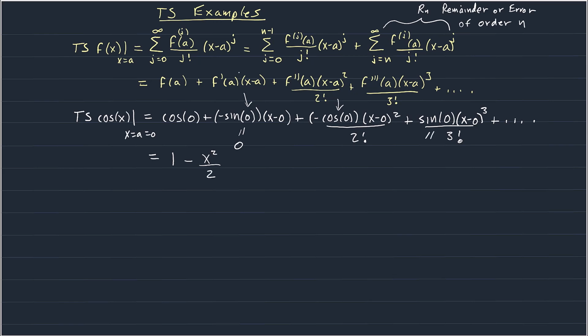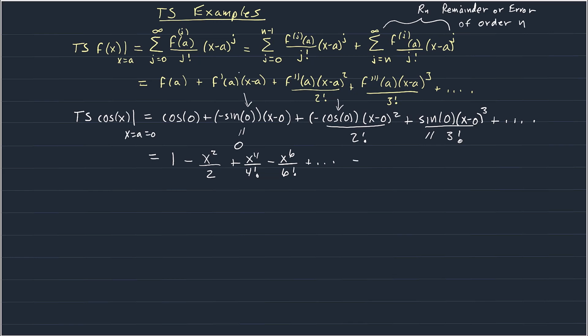And then we have another 0. And then if we were to continue to write out the series, we would get an x to the 4th over 4 factorial minus x to the 6th over 6 factorial. And this is the series form of the cosine function.